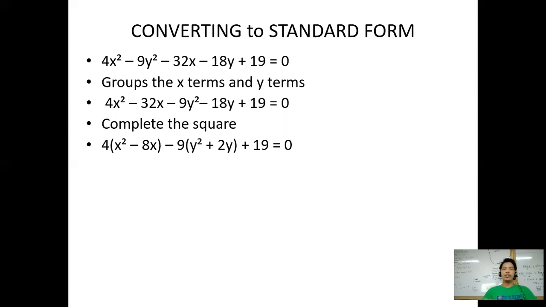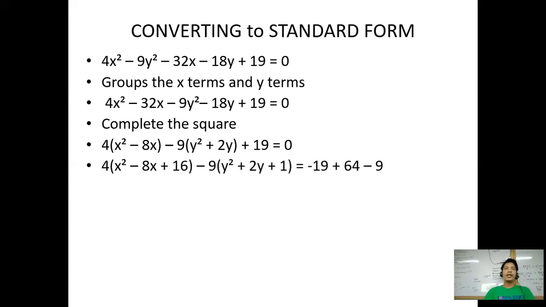Ngayon, kapag nakumpleto na po natin yung squared na yun, kailangan natin siyang ibalik into the power of binomial. So kailangan natin siya ulit i-factor. Okay? So perfect binomial. So x squared minus 8x plus 16. So yun yung nangyari, nagdagdag tayo dito ng 16. So ang gagawin ko ngayon, yung numerical value niya, 4 times 16 is 64. So dadagdag din ako ng 64 sa kabila.